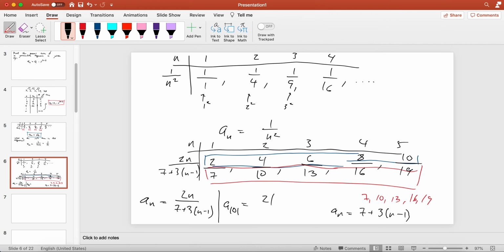So this is 2 times 101 over 7 plus 3 times 101 minus 1, which on the top gives you 202 all over 307, and you can just leave it like that. I don't think it simplifies, but either way, you can leave it like that. So that is the 101st term, and that's much easier than actually writing out 101 terms.